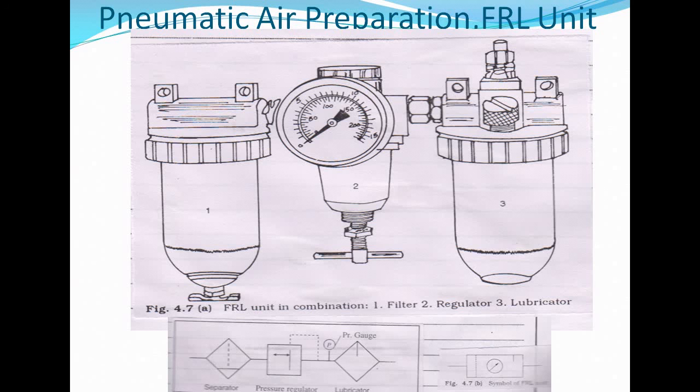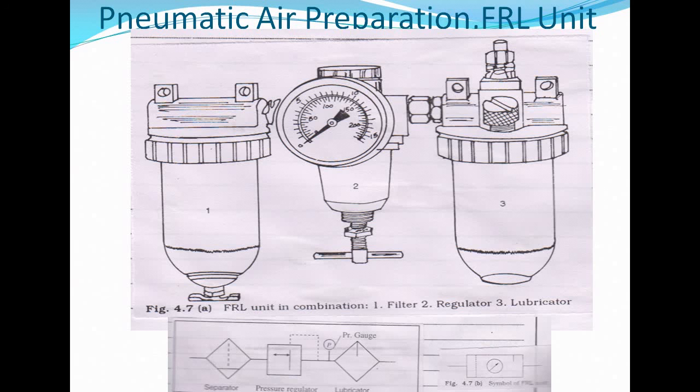That will ensure that there is sliding motion of the piston in the cylinder, so there will not be any friction during sliding of the piston. That's why the lubricator is provided in the pneumatic system.